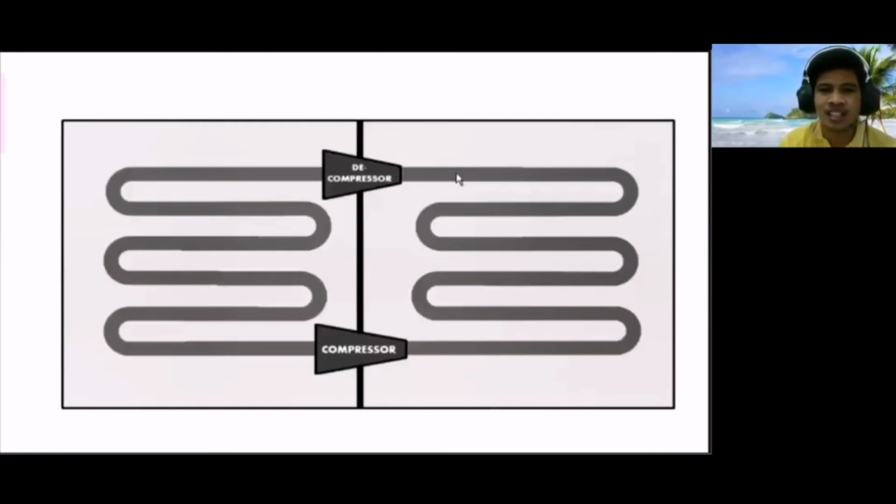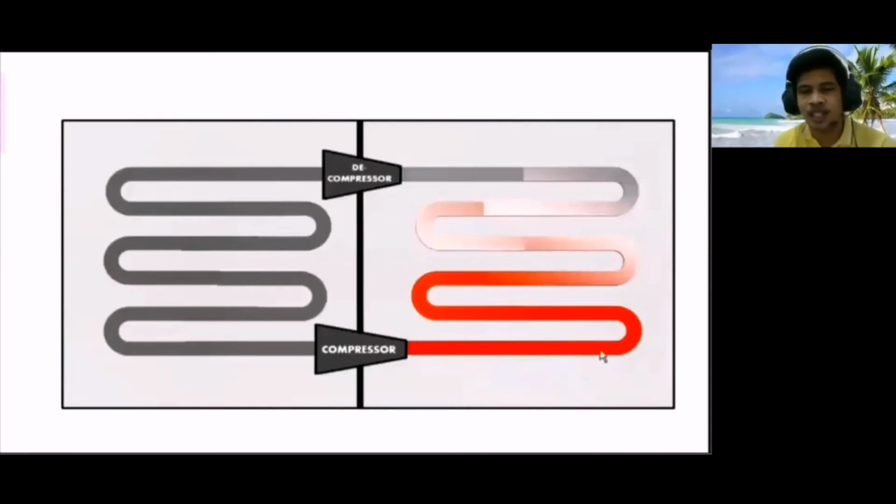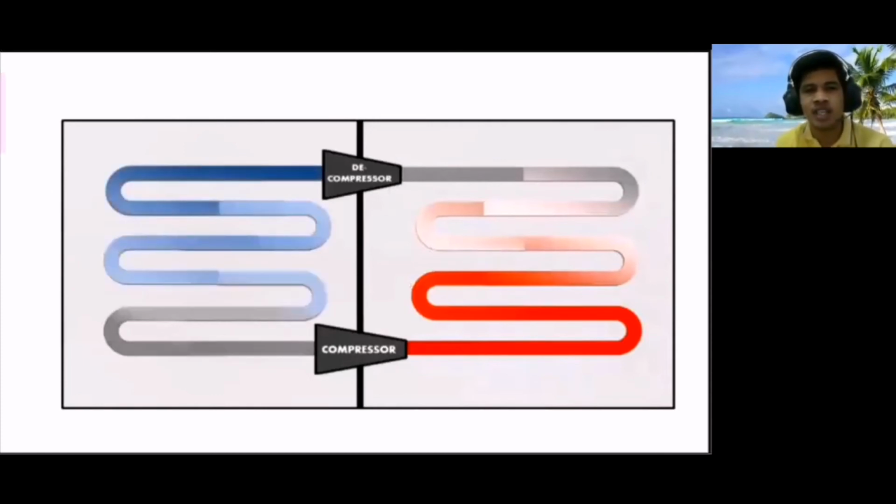Make it hotter. So what we are going to do is compress the gas in a compressor and make it hot. And eventually as it travels up there in the decompressor, it becomes cooler. And then down here on the other side becomes cold, and then hot again here in the compressor, and it is a process.